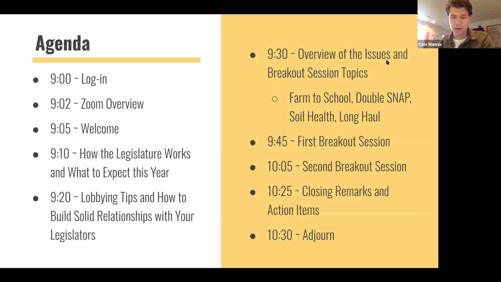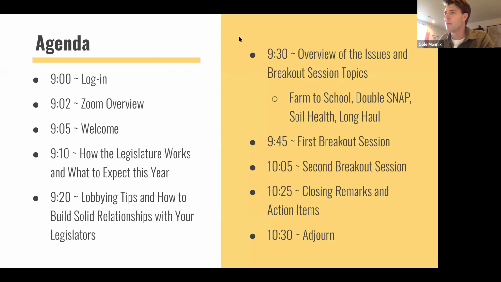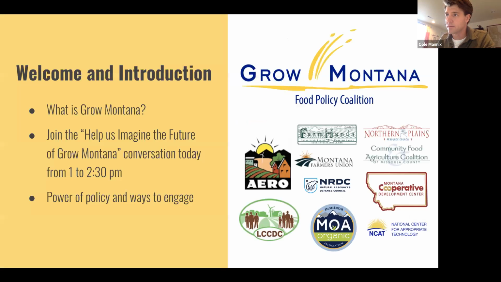Grow Montana is made up of 23 member organizations, and it began in 2005, again, to advocate for state policies that would strengthen Montana's food and agricultural economies. Some of the things that it has worked on are to authorize the Department of Livestock to inspect mobile meat slaughter units. It helped to authorize the creation of Montana's Food and Agricultural Development Centers.